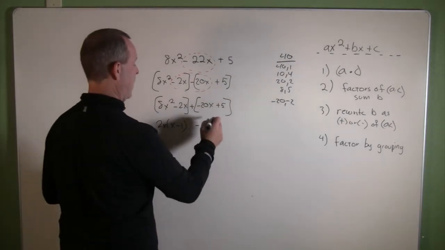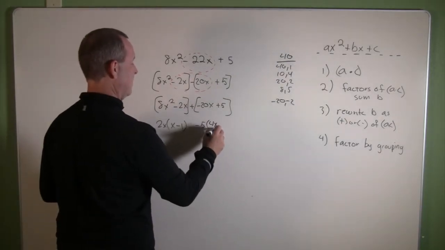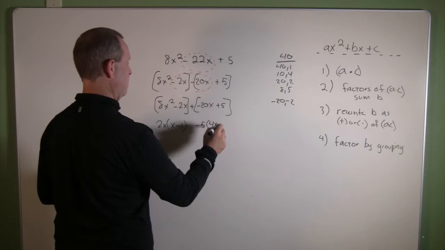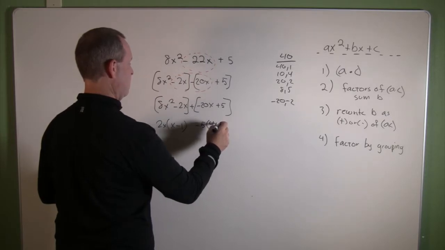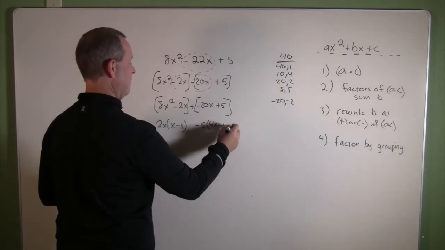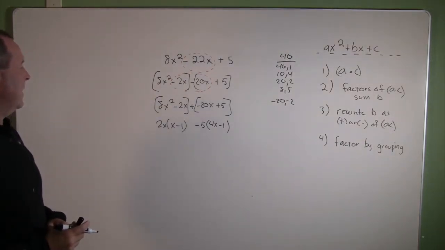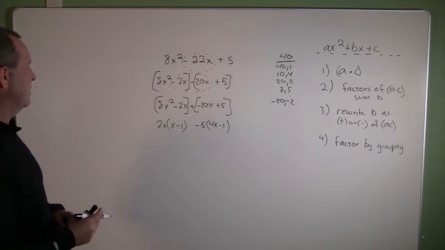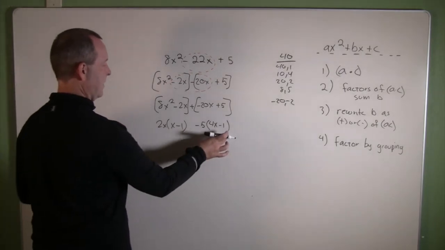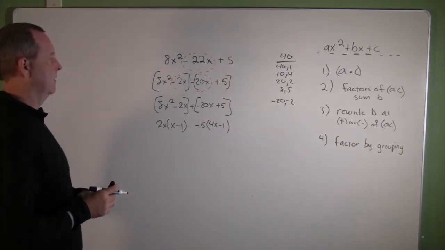Let's see where it goes. I have a 4x plus a 1 minus a 1. There's my two terms. I do not have anything that factors in that particular situation. There's no common term here and here, so I can't factor.